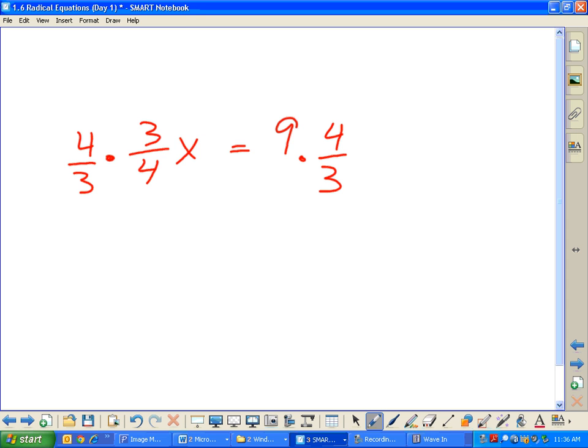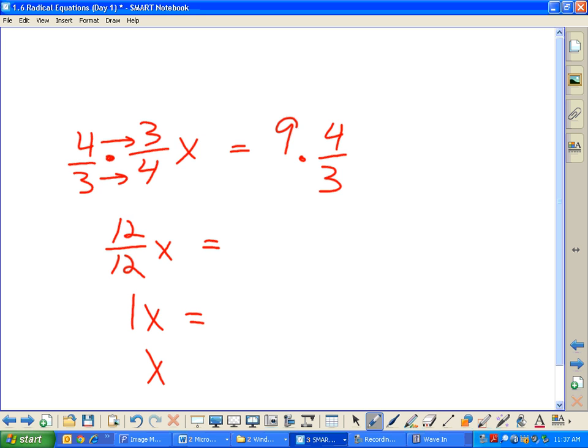If you just multiply both sides by 4/3, you know that when we multiply fractions, you just go straight across. So on the left side, what we actually have right now is 12 over 12x. 12 out of 12, that's just 1. So the x got isolated just by multiplying both sides by the reciprocal.